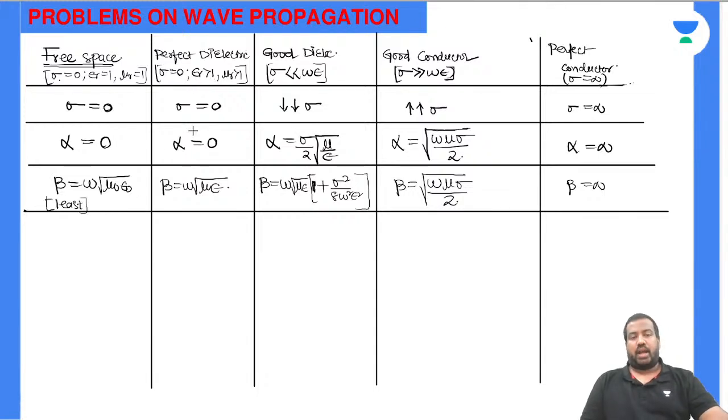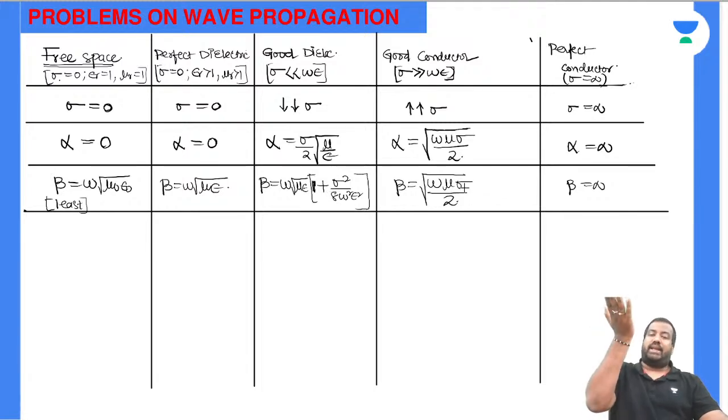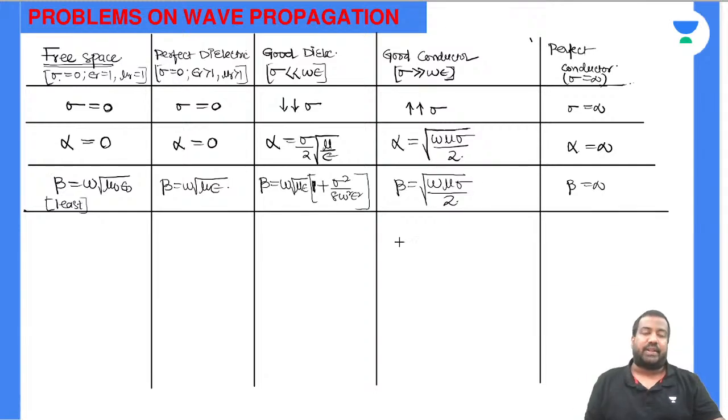Here epsilon r greater than 1, mu r greater than 1, slightly increasing. Here omega into under root mu epsilon plus omega into under root mu epsilon into sigma square by 8 omega square epsilon square, where sigma is a small value. So naturally the beta value is more than omega into under root mu epsilon because plus is there. Still increased. Sigma is very large value, still increased. Next infinity because sigma is infinity. Least value possible is in free space.